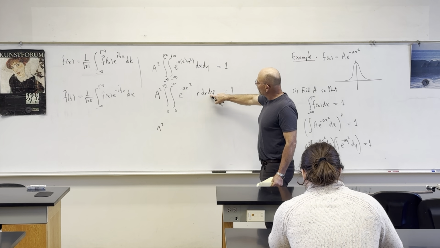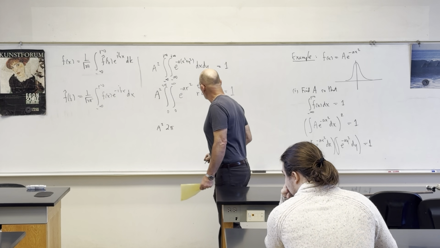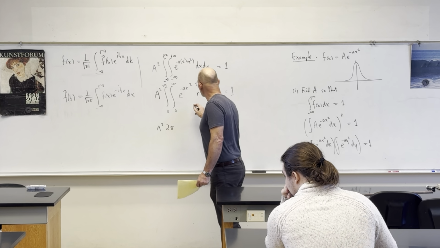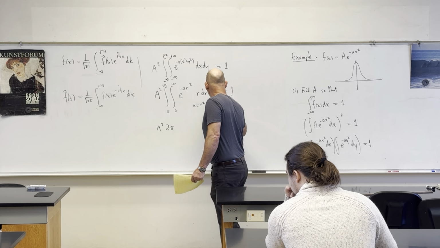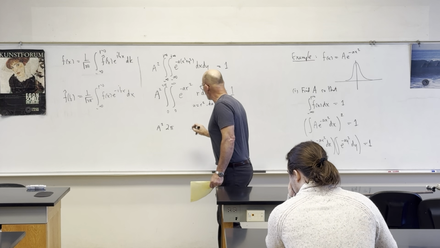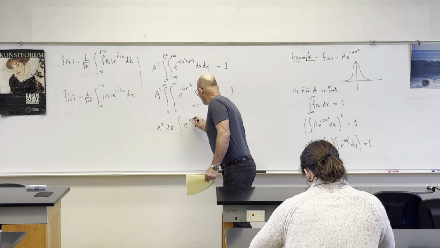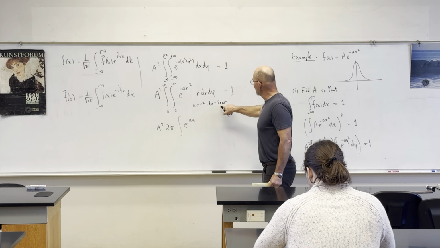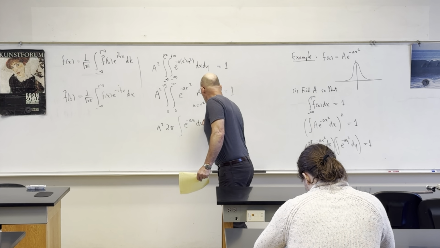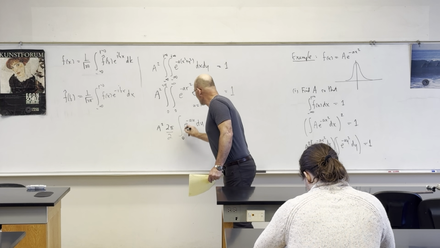The d phi integral is trivial, so we just have 2 pi. For the other integral, we let u equal r squared, so du is equal to 2r dr. We end up with e to the minus au, and r dr is du divided by 2, from 0 to infinity.